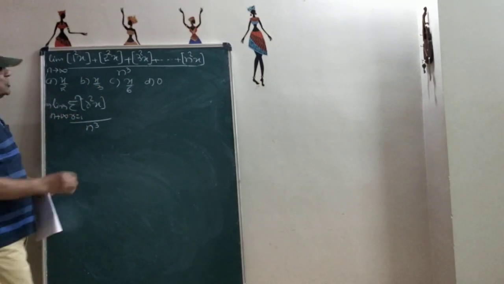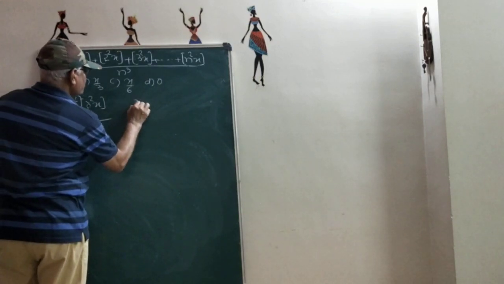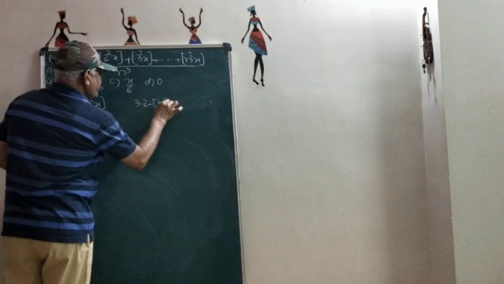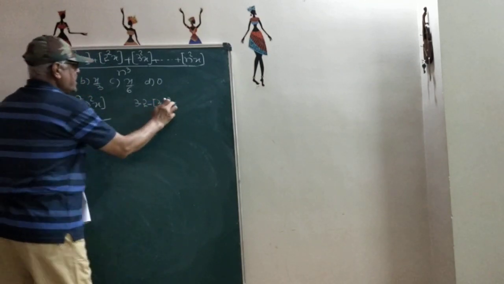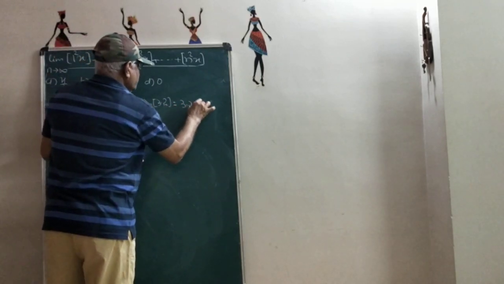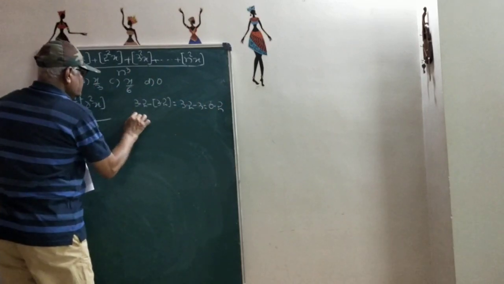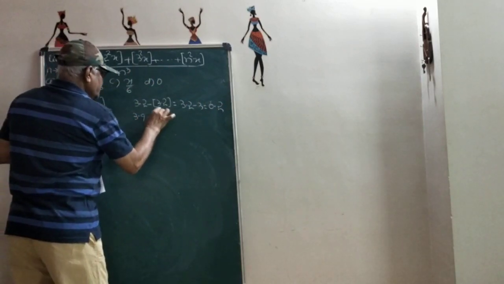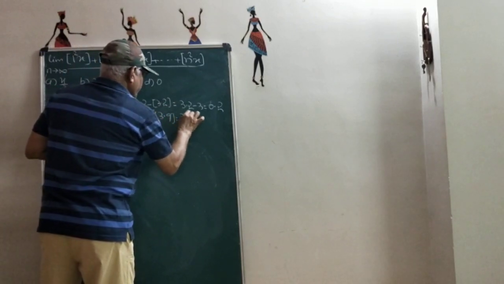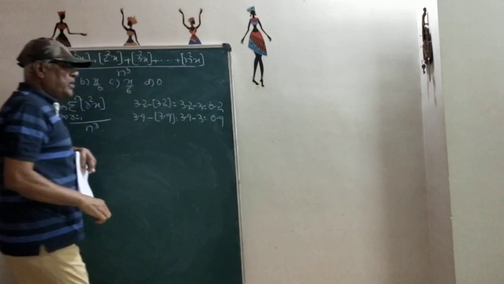Student, here I will be giving one expression. Say 3.2 minus greatest integer 3.2 equal to how much? It is 3.2 minus 3 is equal to how much? 0.2. Say 3.9 minus greatest integer 3.9 is equal to 3.9 minus 3 equal to how much here? 0.9.